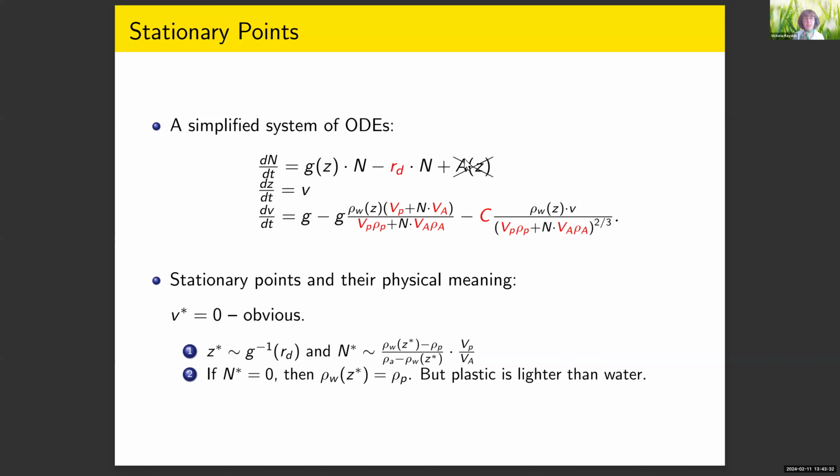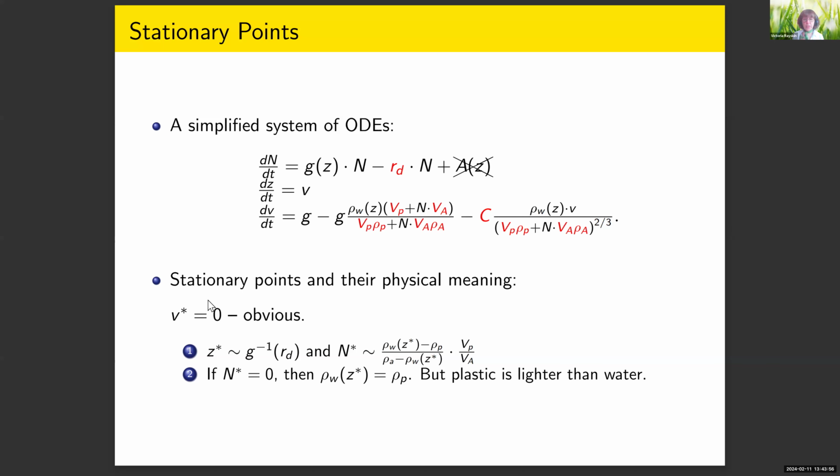So I will consider the system without new cells being attached, but the properties are going to be very similar to the original system.